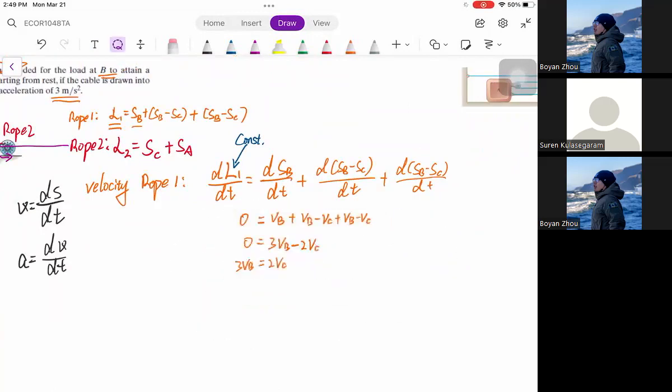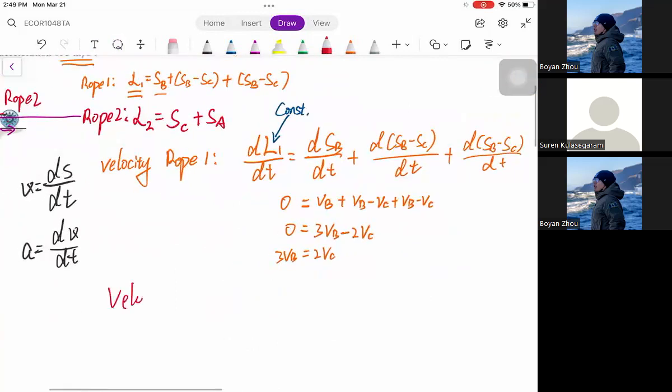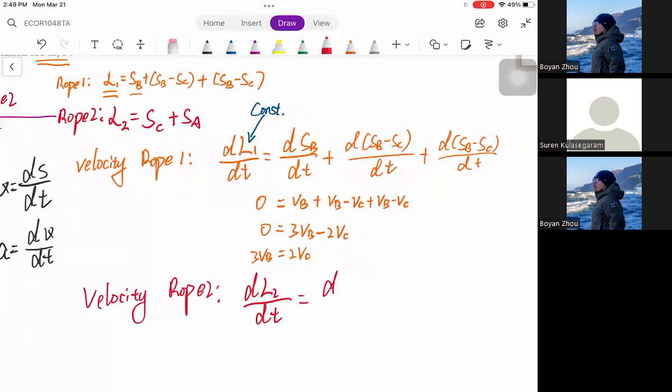And then we need to do the same thing for rope 2, so just finding the derivative on both sides.